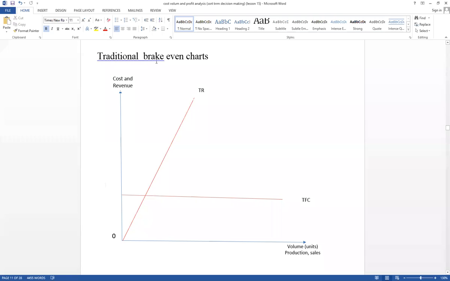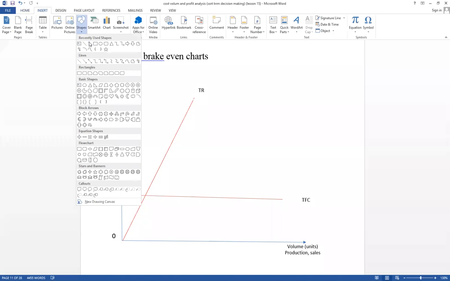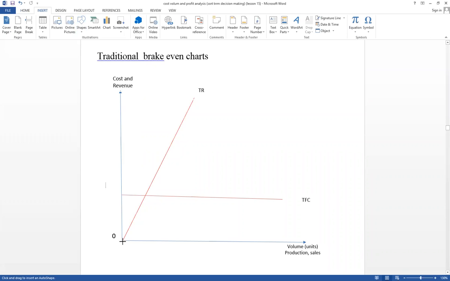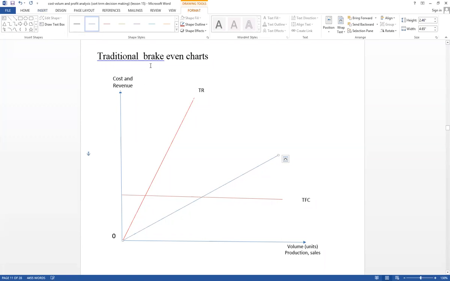But in the traditional break-even point chart, no need to draw total variable cost. This is just a way you have to prepare total variable cost, but no need to draw. Total variable cost also starts from zero and varies with the number of quantity like this. But this line is not needed in this chart.